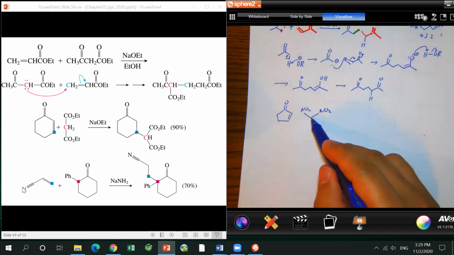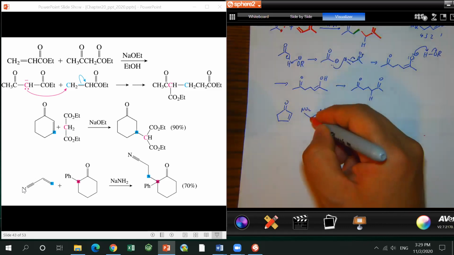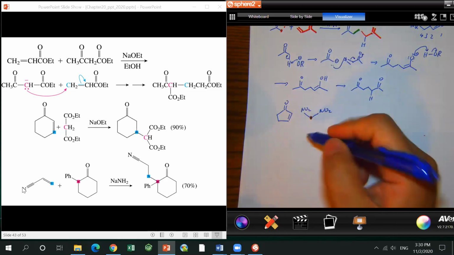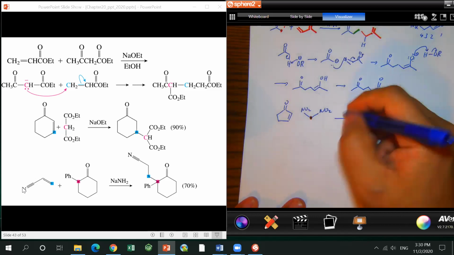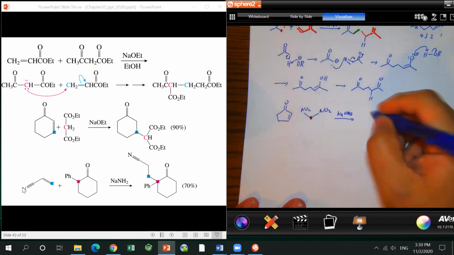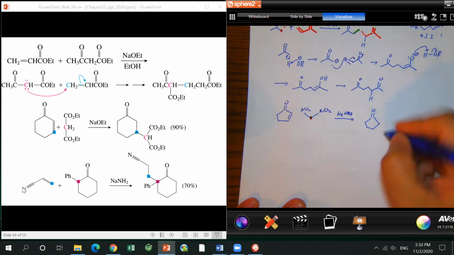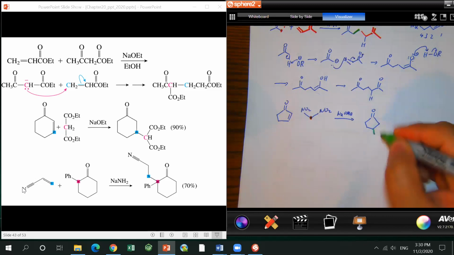So that's the alpha carbon, because these two groups are strong electron-withdrawing groups, and they make this carbon a nucleophile. And then apply some base, sodium methoxide, for example, this time. Once the reaction is done, keep in mind that the nucleophile attacks the fourth carbon.